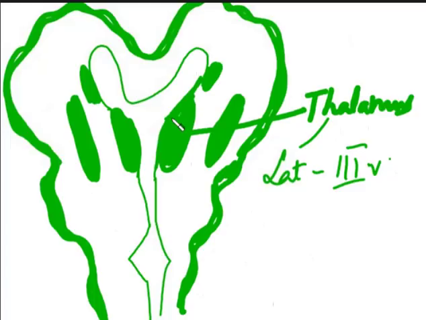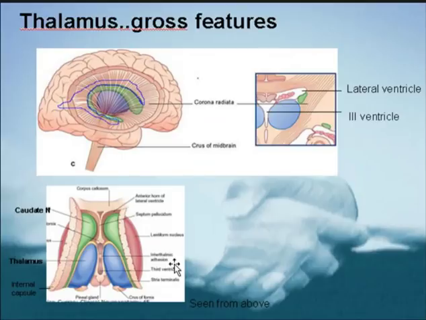So you can see up here, it forms the floor of the lateral ventricle, and that's what is given in your notes. So if you go back to your PowerPoint and you look up here, this is showing you a section taken from this area, and it's a coronal section, so you see that up here. So you can see the two lateral, one here, you can't see the other one, but if I was to draw it, that's how it would be.